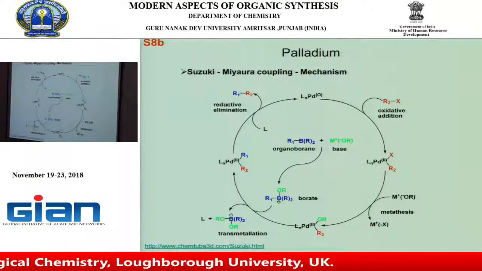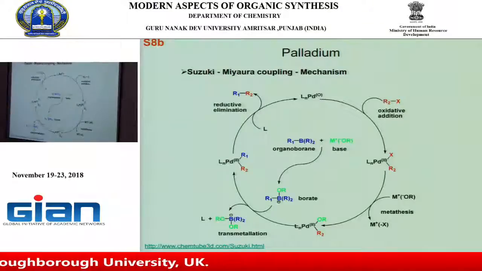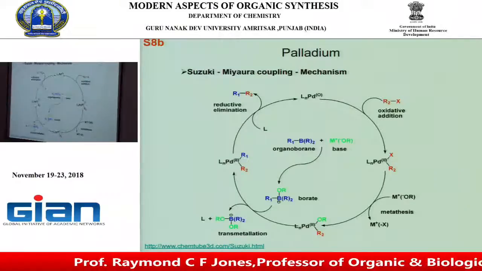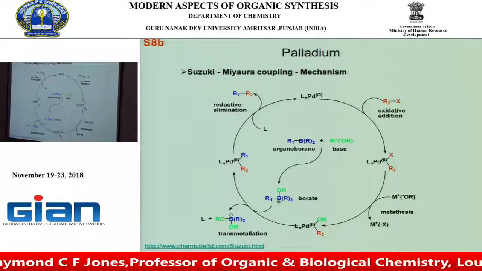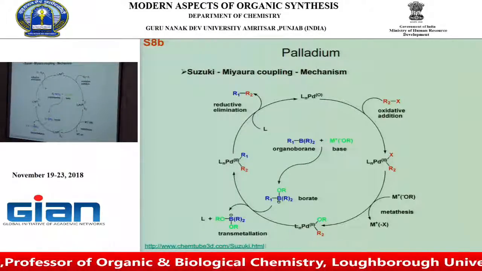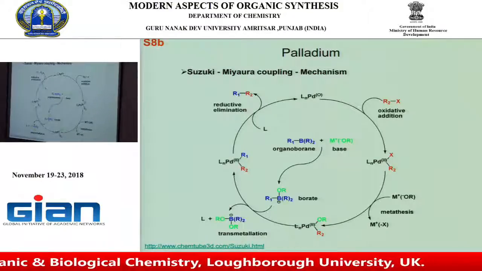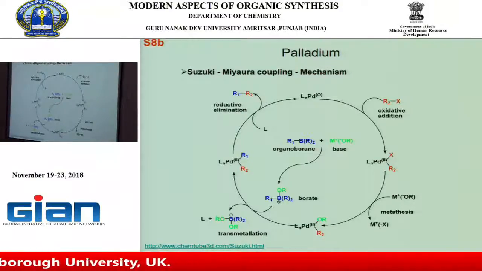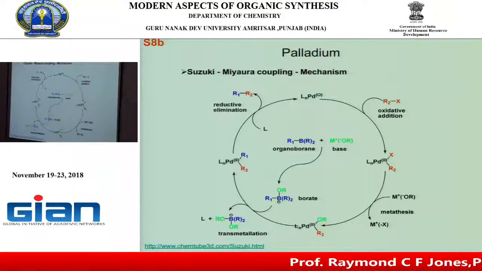That's necessary because that makes the loss from the boron of one of the groups much more favourable. Boron as a Lewis acid likes to accept electron-rich groups and then donate groups. So it's accepting an alkoxide from a base and then donating, not the alkoxide back again, but a different group.